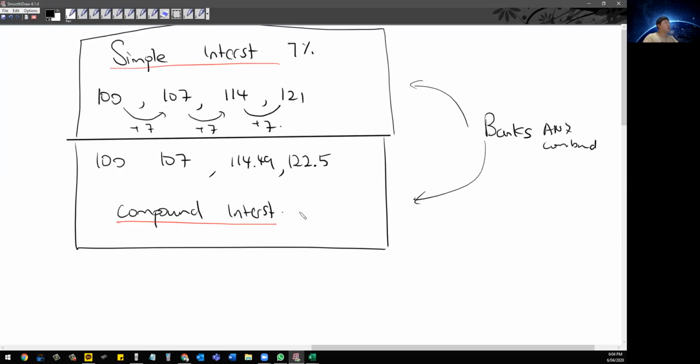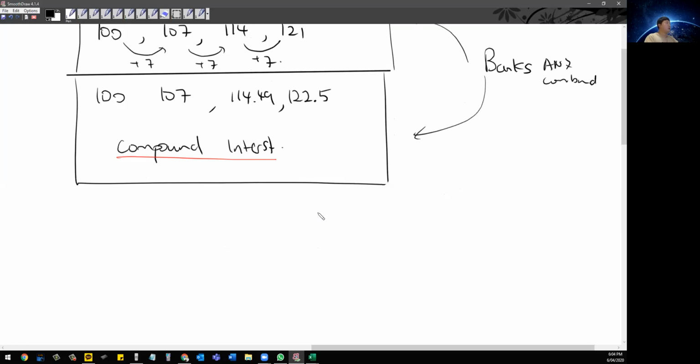So when we are dealing with money, it's crucial that you understand that if you have 7%, that's multiplied by 0.07, okay? If you have 107%, that's multiplied by how much? 1.07, okay?